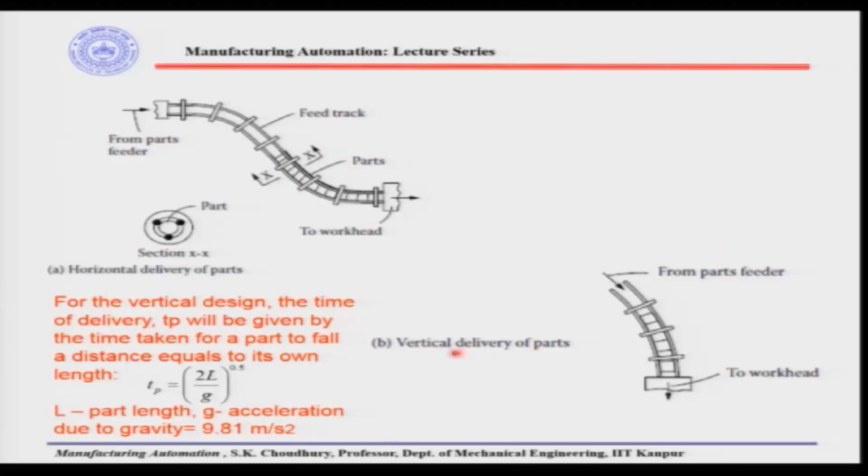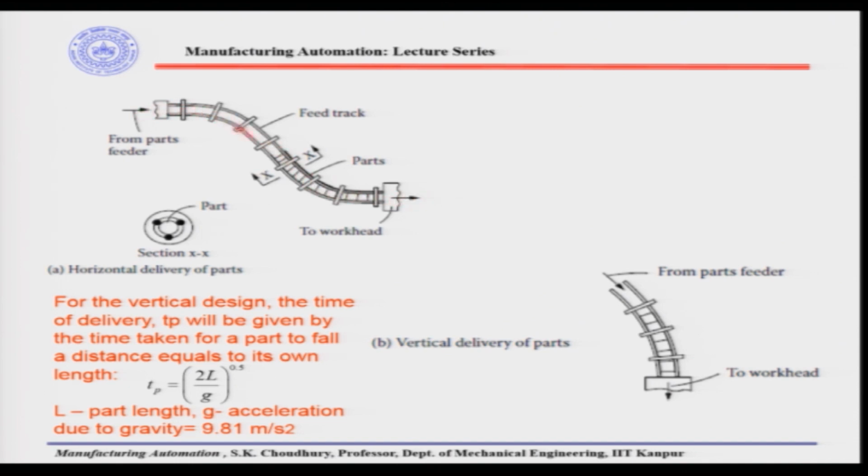Part feeders are basically of two types. One is vertical delivery of parts, where we use gravity for the parts to fall, or we can have horizontal delivery of the parts. Here is the schematic diagram, or line diagram, of the feed track. The parts are coming from the feeder and going to the assembly, to the workhead.